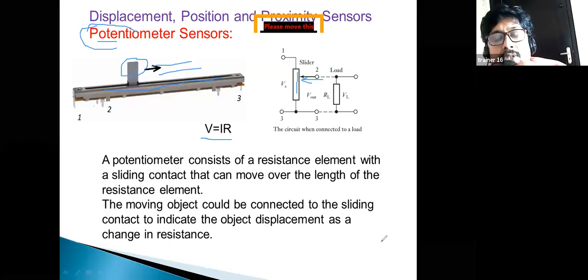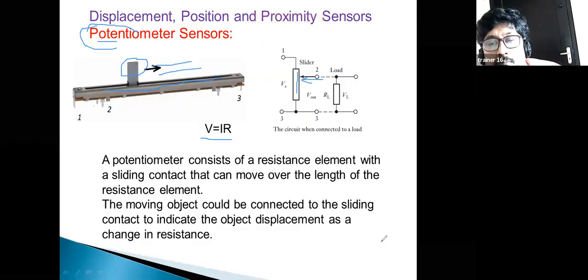See here, the current supply is constant, but the voltage varies. That means to protect some costly device, we can go for a potentiometer, thereby we can change the voltage. For example, take our TV stabilizer.